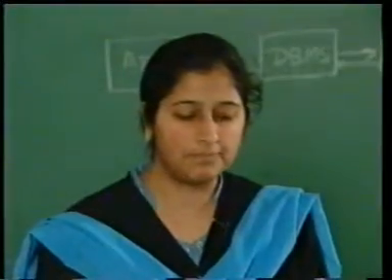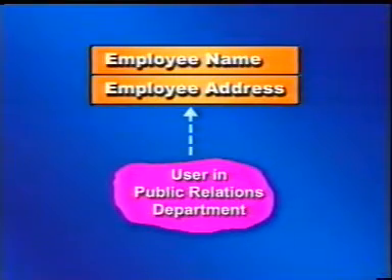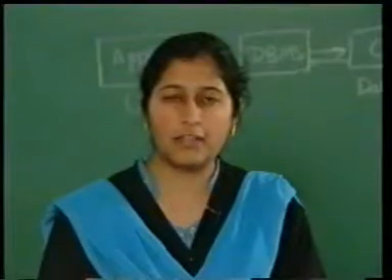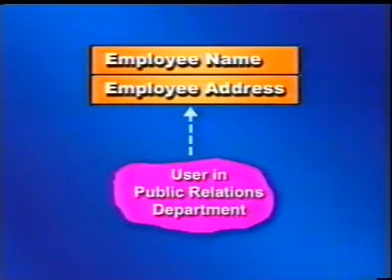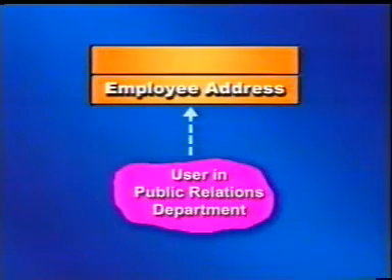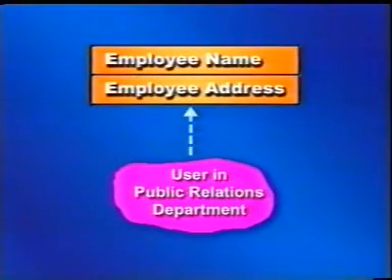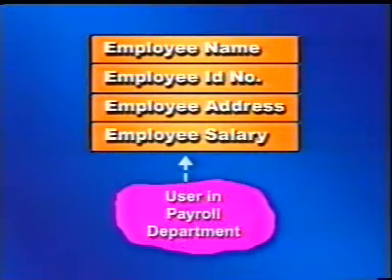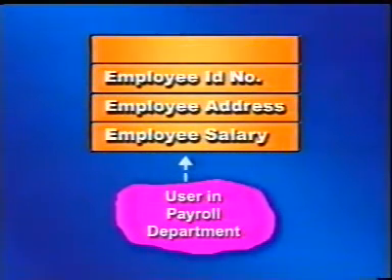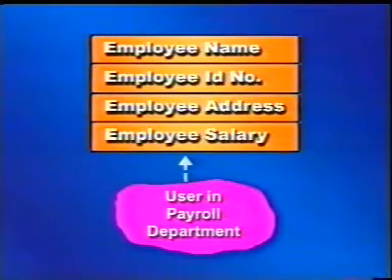For example, let us consider that there is a user in public relations department and the database contains employee details. This user in public relations department will be concerned with only the employee name and employee address, whereas a user in payroll department will be concerned with employee name, employee ID number, employee address and employee salary.